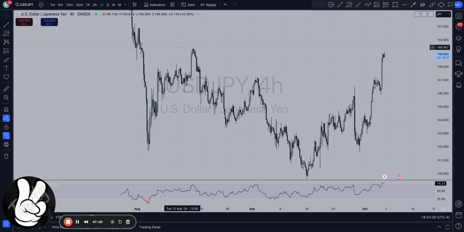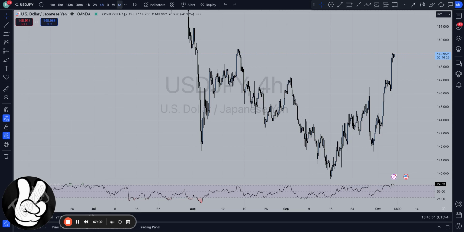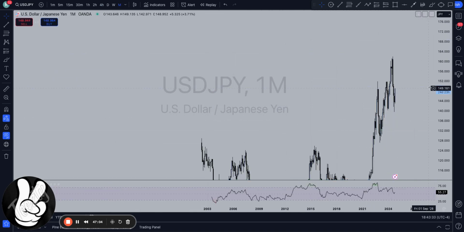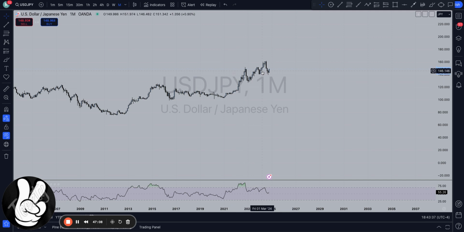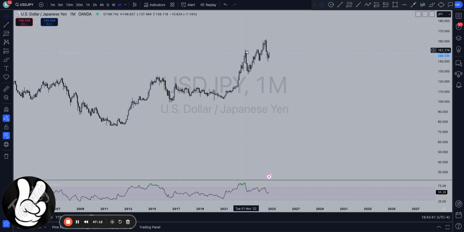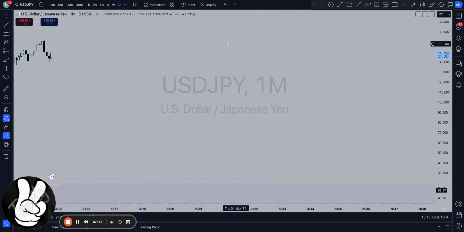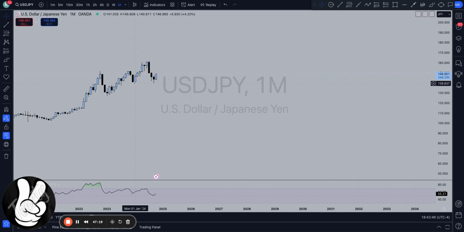So USD JPY, let me see the monthly time frame. This looks like an ascending channel on a monthly time frame.